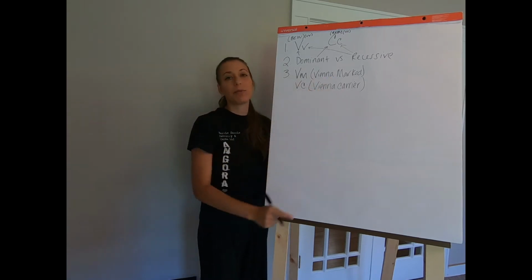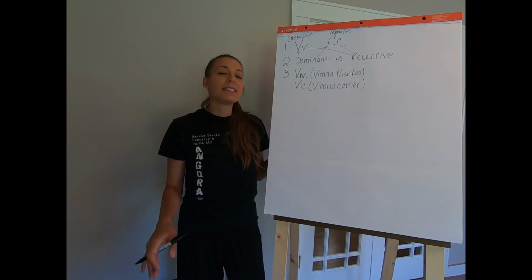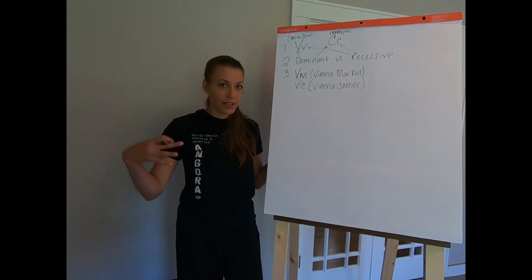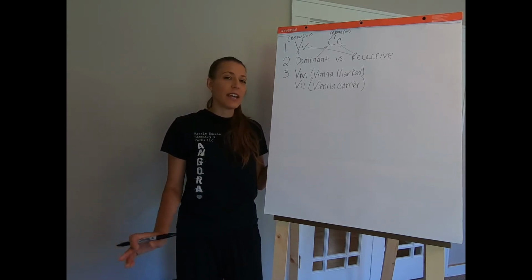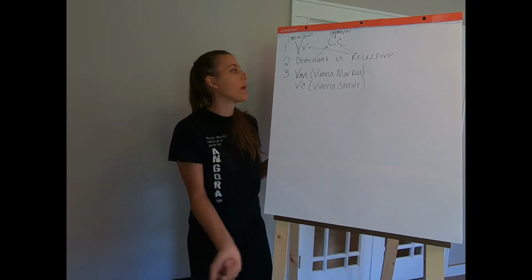So this rabbit could, for example, be all brown, no white on it. It's almost like hiding, or simply carrying under its skin. It's just carrying the gene. It's not actually showing or expressing the Vienna gene.